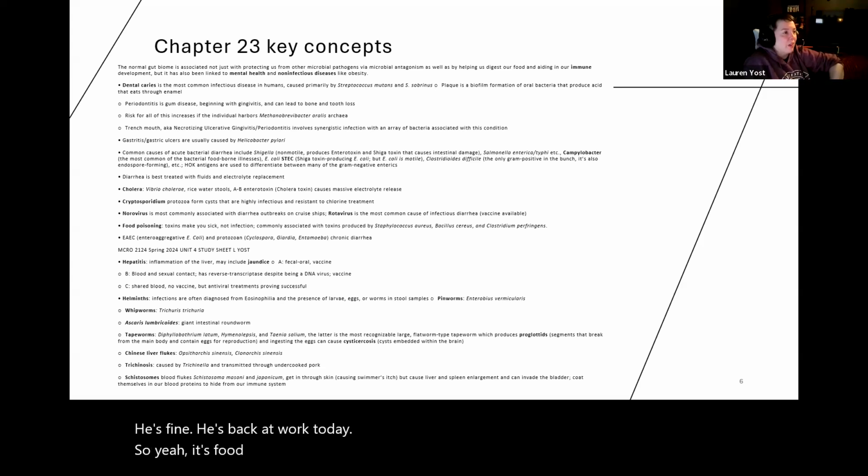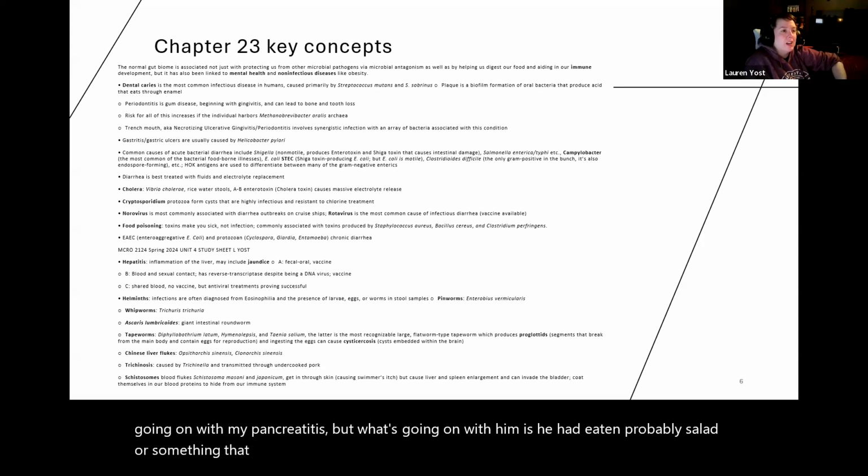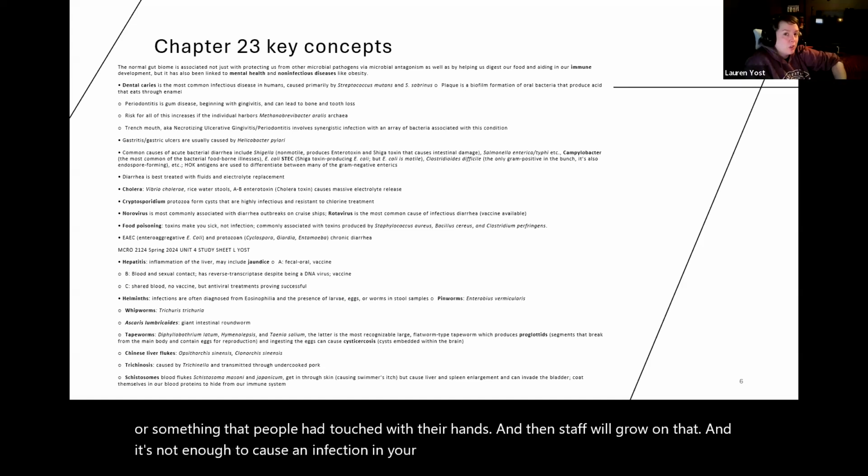And so what's going on there, I don't know what's going on with my pancreatitis, but what's going on with him is he had eaten probably salad or something that people had touched with their hands, and then staph will grow on that. And it's not enough to cause an infection in your belly. Those guys won't survive.